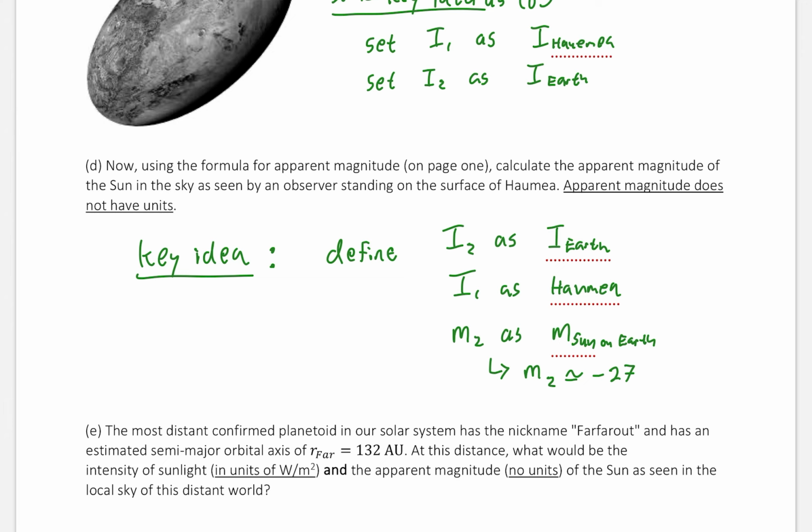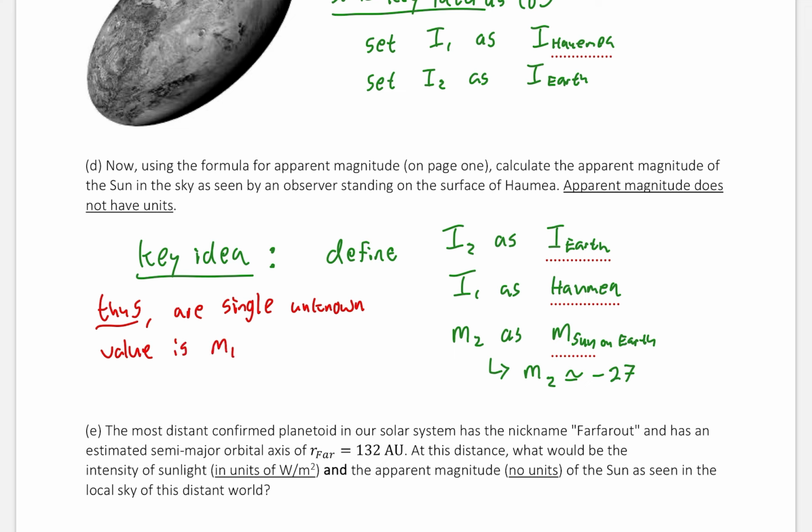Okay, and the logic here is that by having M1 be our unknown, which I'll write right now, thus our single unknown value. It's a dimensionless value, right? It's going to be the apparent magnitude M1.